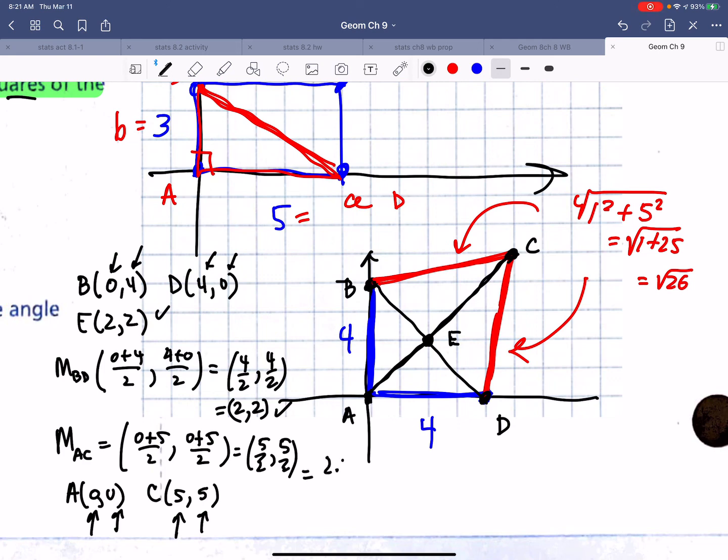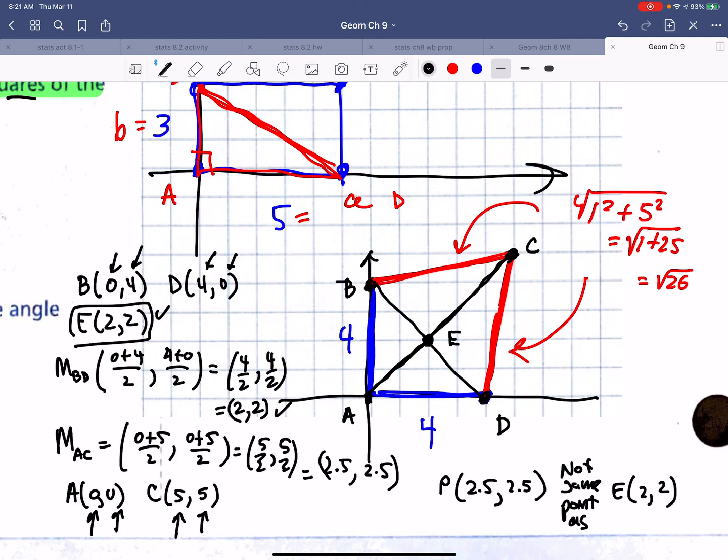So that's 2.5 comma 2.5. And we've proven it. That is not equal. The point 2.5, 2.5 is not the same point as E, 2, 2. So we've proven that that one did not get cut in half. Check out the next video for the rest of the assignment.